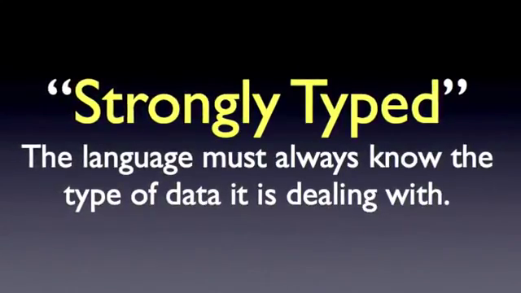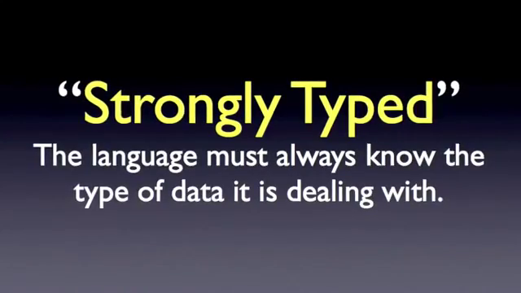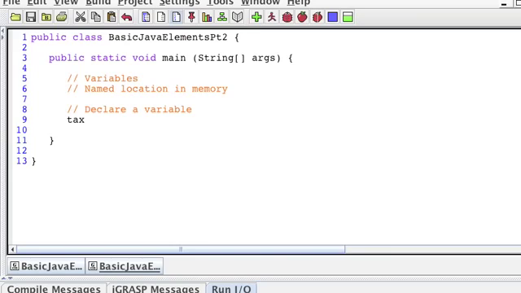What you need to do in Java when you declare a variable is tell Java what type of information is going to be stored in there, basically what is the data type that's going to be stored into that location. In my case, I'm going to put double here because I'm going to store tax. So it says set me up a location in memory called tax, and be aware that the only information that is going to be stored there will be of type double.